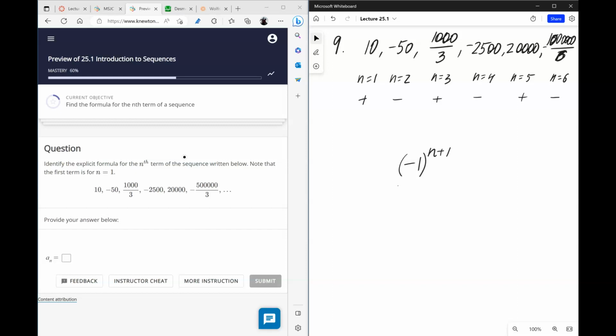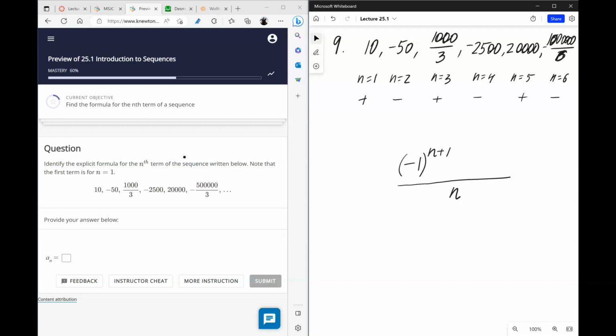And now we have, in the denominator, it looks like we can start with n. We're gonna have to play with this pattern, right? We have a lot of zeros there, so that means there's a lot of multiplication by 10.